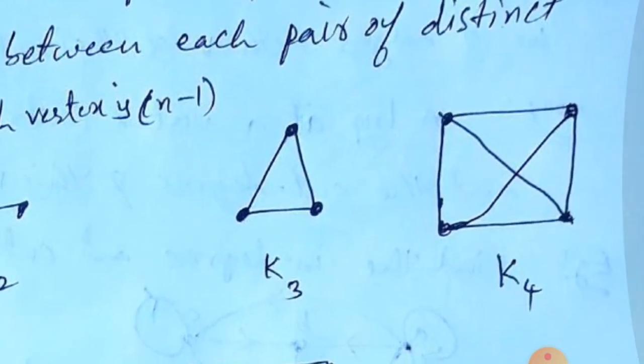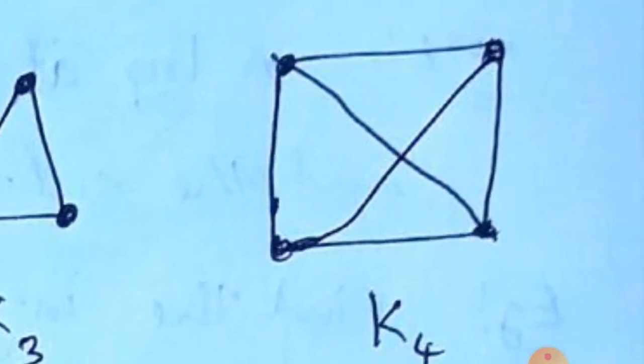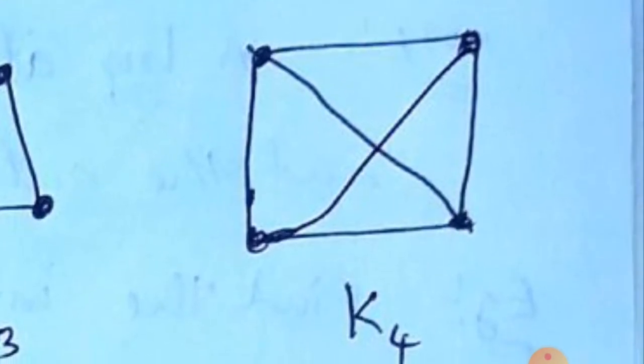Now observe K3, a complete graph with three vertices, and every vertex is adjacent to the other vertices, so each vertex has degree 2, less than 3, that means each vertex has degree n minus 1, that means 2.